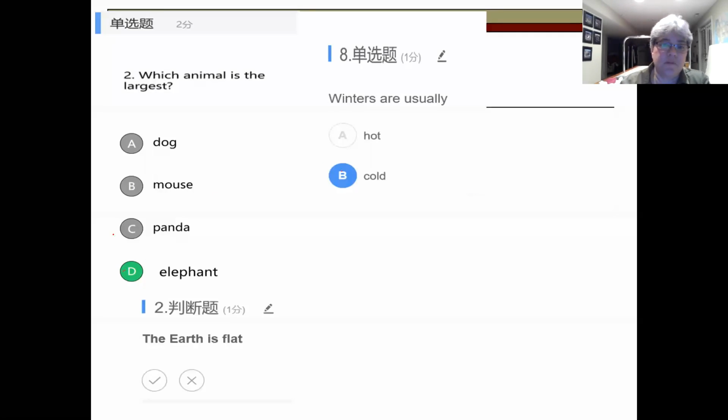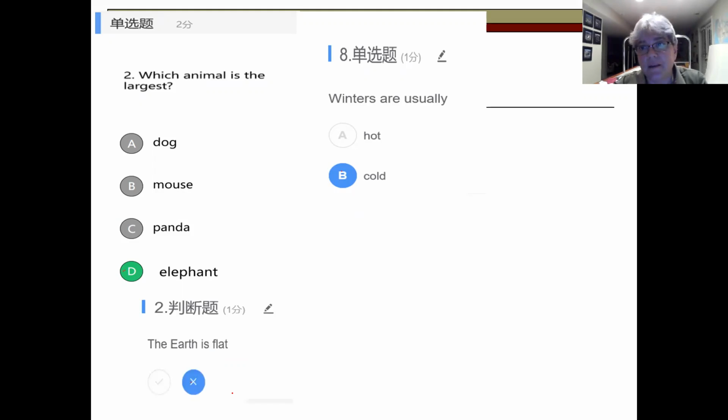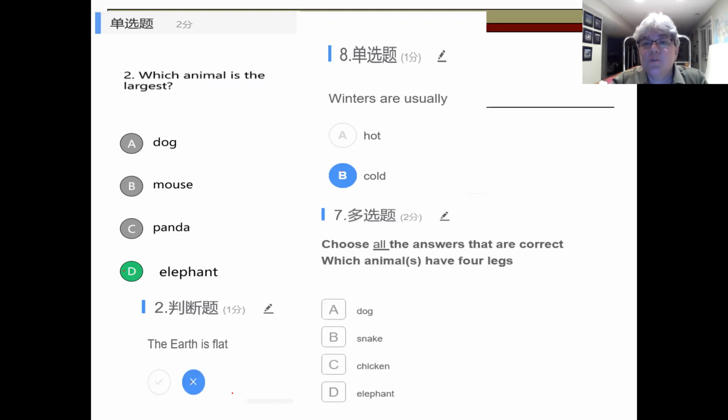The true false. There will be a statement, the earth is flat, and you know it's true false because it will have a check and an X. So the earth is flat, that's false. Click on it, it gets highlighted. Okay, choose all that are correct. Anytime there's one with more than one right answer, it will say choose all the answers that are correct, or it'll say choose two.